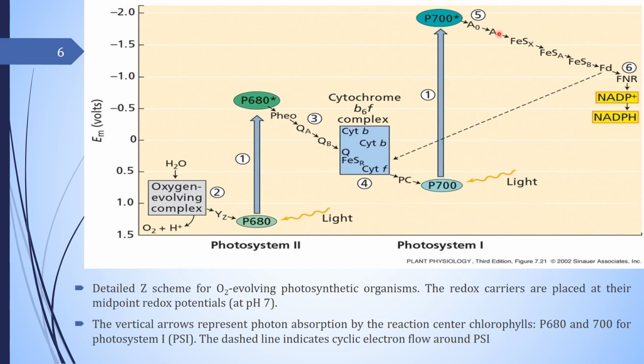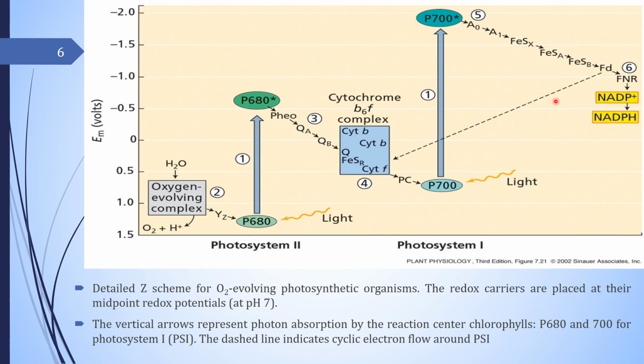A series of membrane-bound iron-sulfur proteins then transfer the electron to the soluble ferredoxin, and ferredoxin transfers these electrons to the flavoprotein enzyme ferredoxin NADP reductase, which reduces NADP to NADPH, which is then used in the Calvin cycle to reduce carbon dioxide.